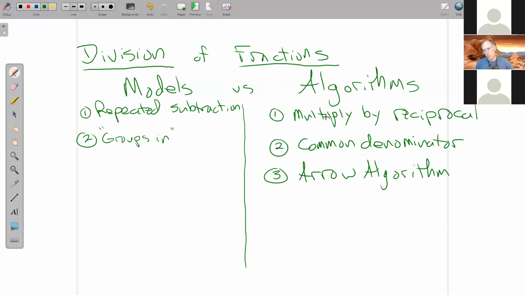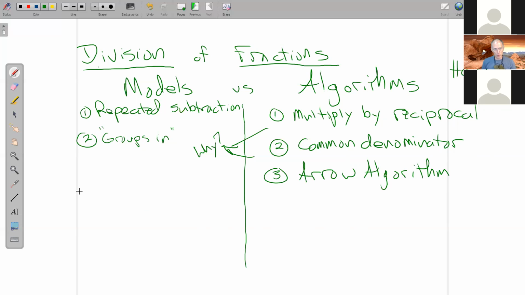And why does multiplying by the reciprocal work? Why does having a common denominator work? Why does the arrow algorithm work? All of the whys behind these here are answered over in these models. So these guys answer why. This is just how to do it, right? Just do it because I said so.